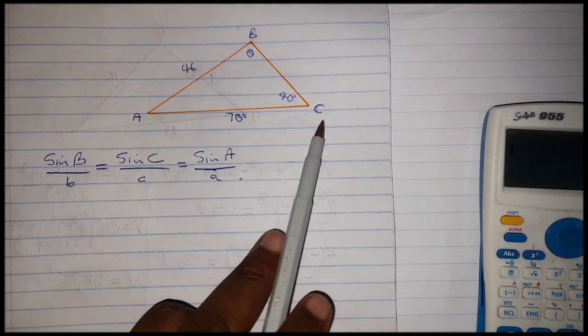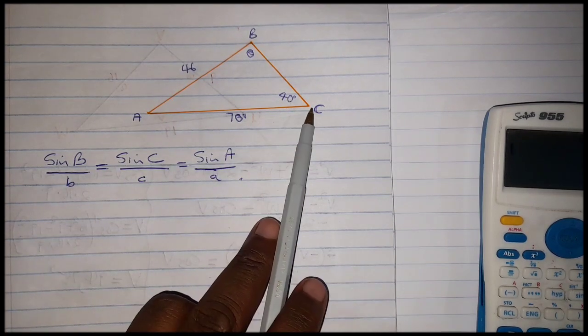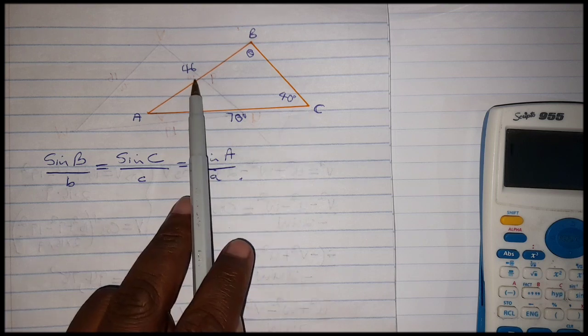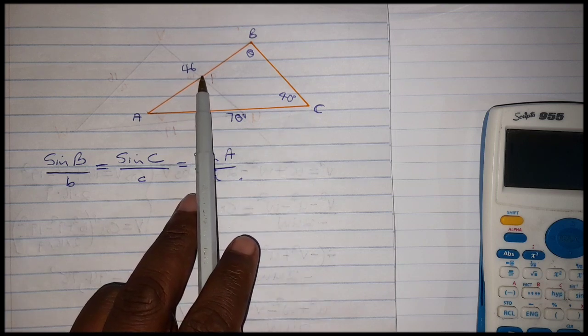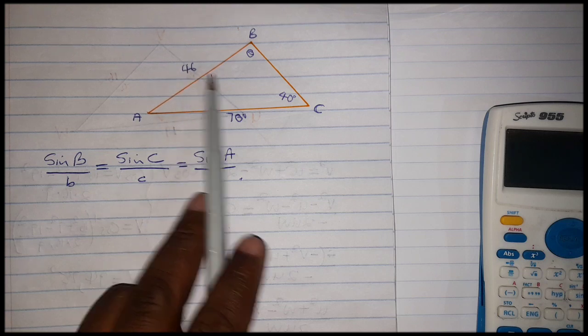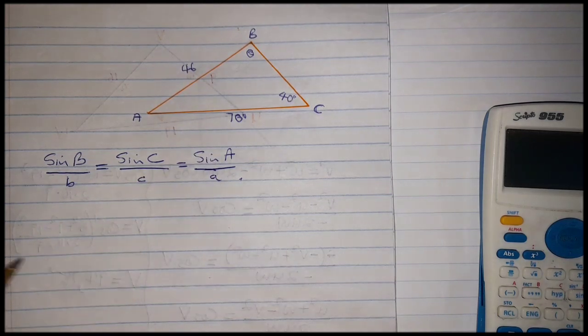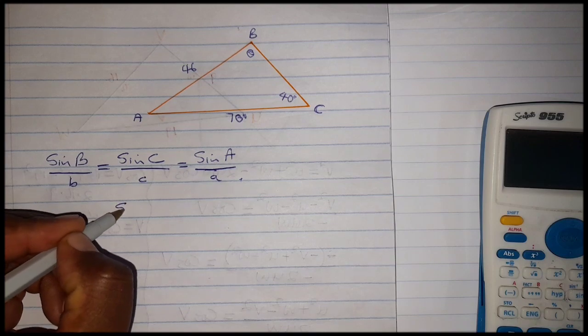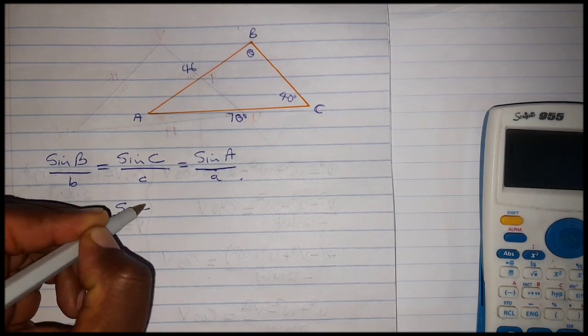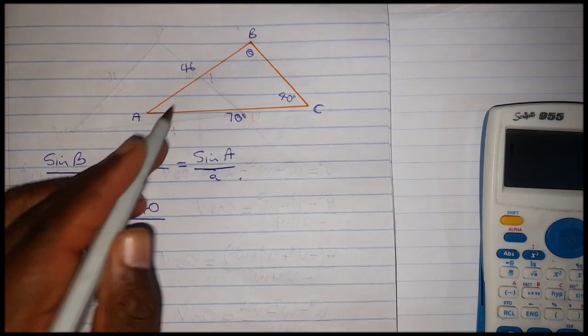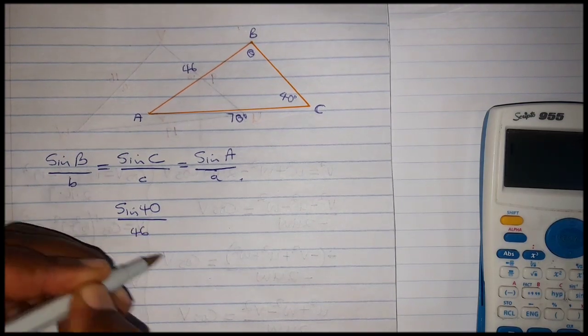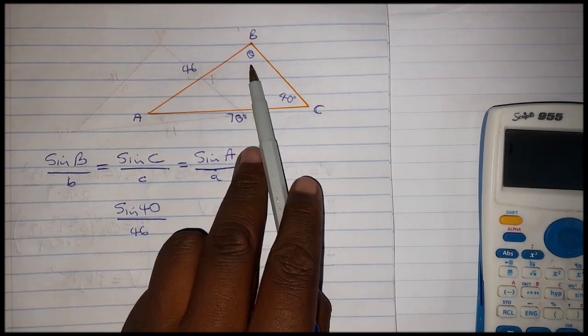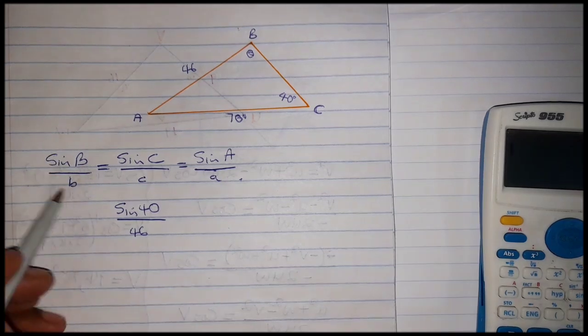In our diagram, we are given the size of angle C and the size of the side opposite angle C, that is 46. So with sine C here, we have sine 40 over 46. If I'm looking for B, we can make use of this one.